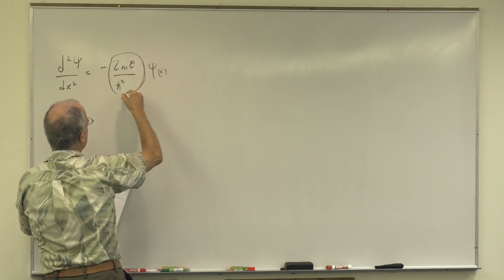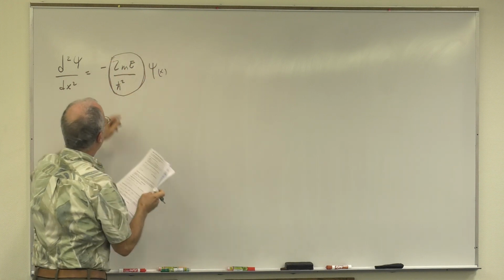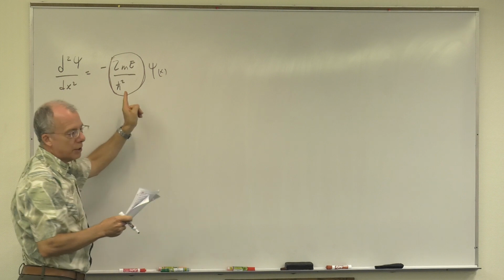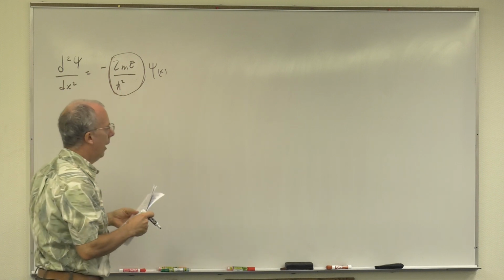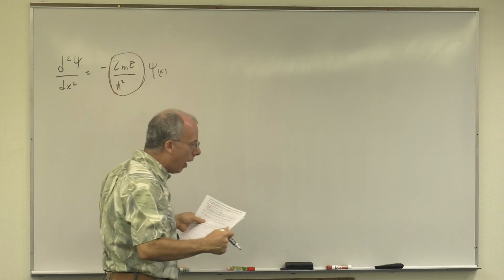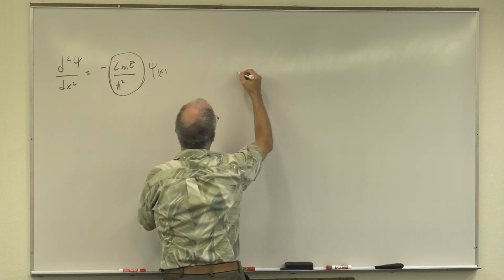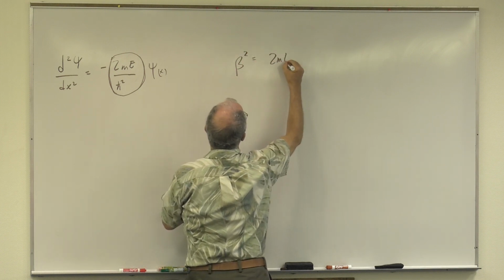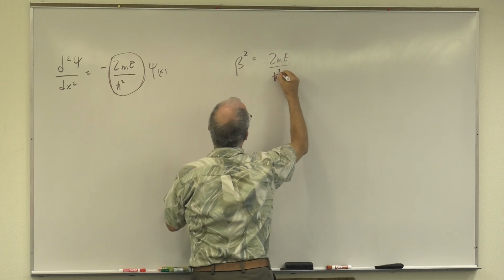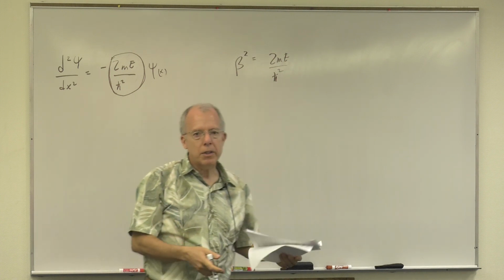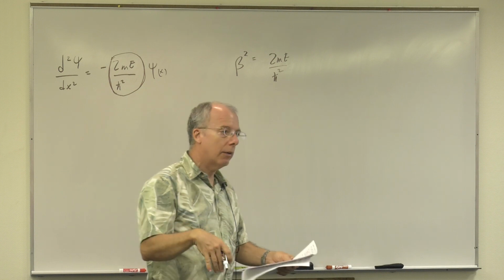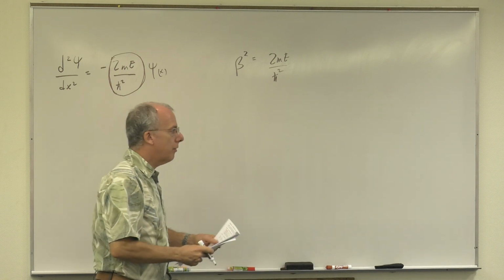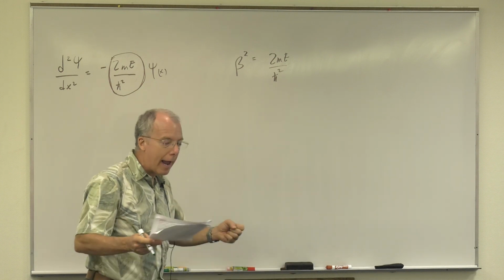Let's substitute for this. Now look at 2mE over h bar squared. That's positive, right? So we want to indicate that it's positive. So what we're going to say is beta squared is 2mE over h bar squared. Now, why not just beta? Well, if you just say beta, it could be positive or negative, right? We're assuming reals. But if you say beta squared, then it has to be positive.